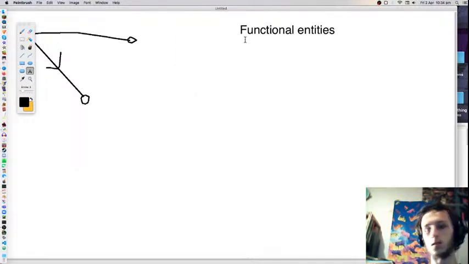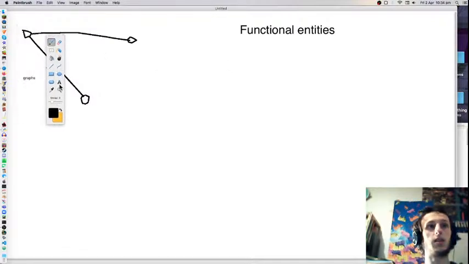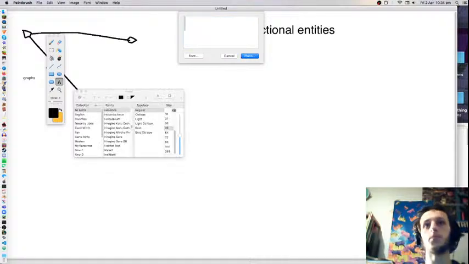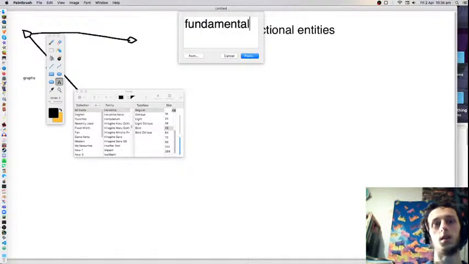So essentially, what a functional entity is, we're just going to be using that graph idea. And we're on part 2 of 5 of fundamentals of imperative programming.